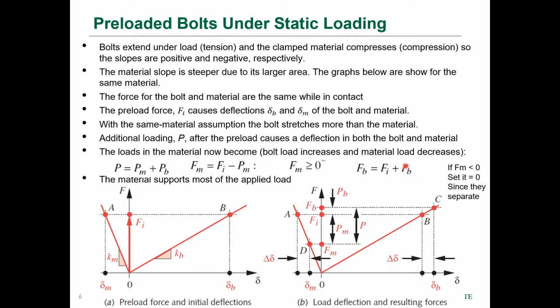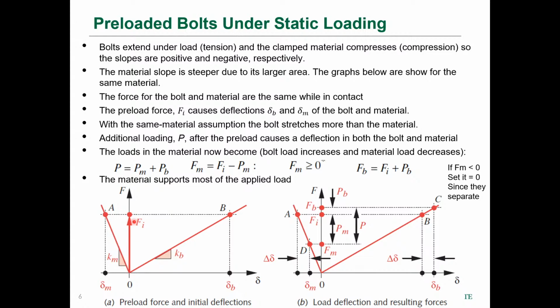Okay, the bolt is in tension, and the material between the bolt is clamped, and so it's in compression. The material slope in this case is steeper because of its larger area.